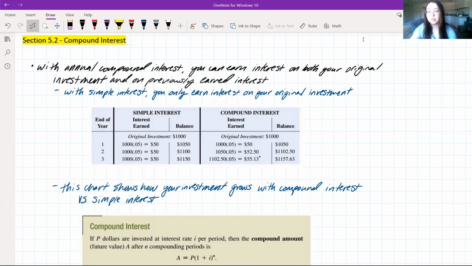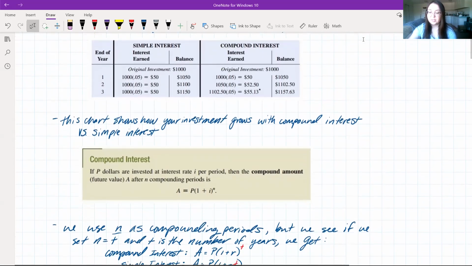That's going to give us $1,050. Then we calculate 5% interest on the $1,050. So you're taking whatever end value you had from the last period, and then calculating your interest on that value. Instead of simple interest, which was just calculating the same value again and again and adding them up, now we're taking into consideration the value that we had at the end of the last period.